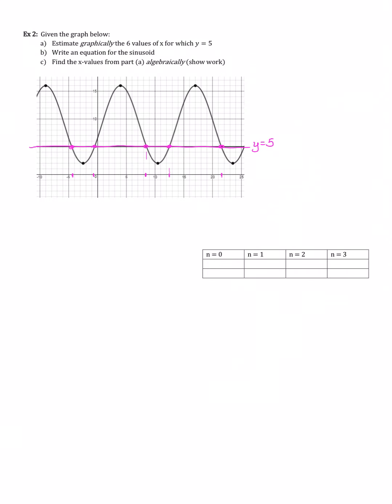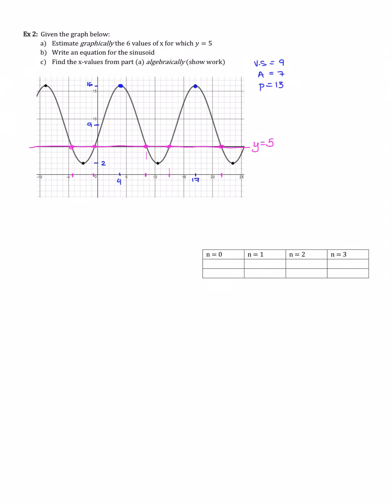We're going to need an equation for this sinusoidal. Notice that my high here is at 16, my low is at 2. That's a distance of 18, so half of that would put me at 9. So my vertical shift is going to be 9. My amplitude then is 7. If I do it as a positive cosine, I'm going from a high at 4 to a high at 17.